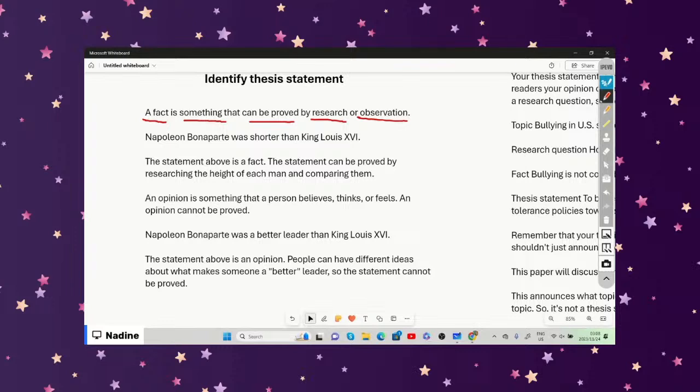So anything that you can go to on the internet and it will pop up, because somebody researched it, or it was researched by certain writers, or it was properly observed, then by all means, those are facts.